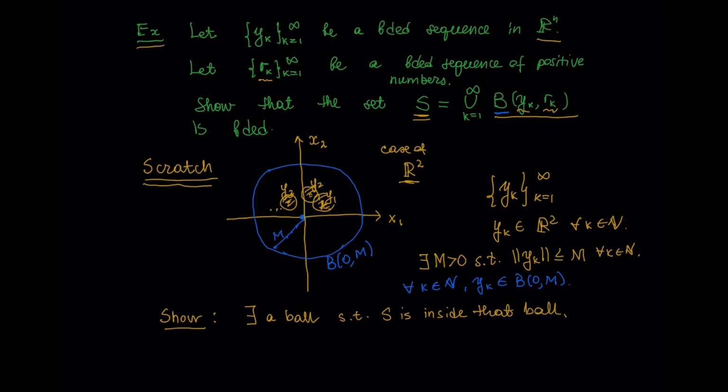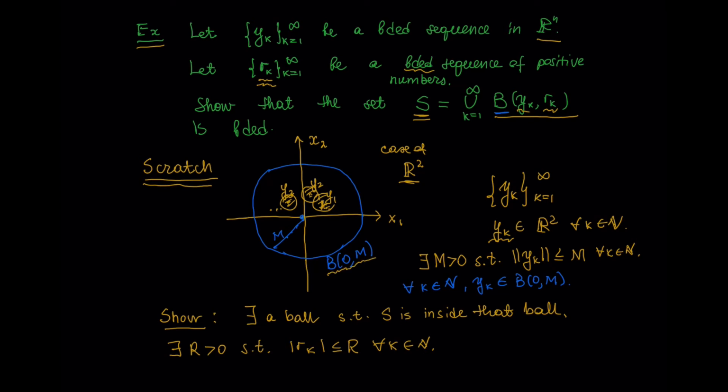What is important here is that the sequence Rk is bounded. So let us make sure that we utilize that. It means that there exists a positive number r such that the absolute value of Rk is less than or equal to r for all k's. So this is important, and why would that be important? We know that all of the points yk are inside of this ball centered at 0 of radius m, right?